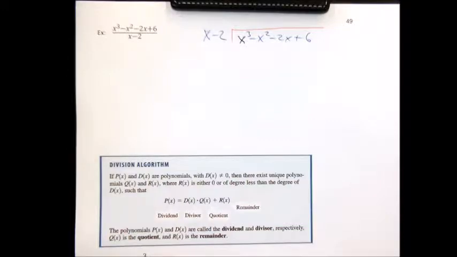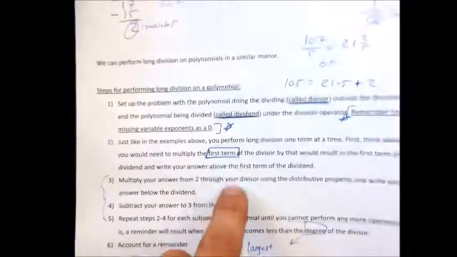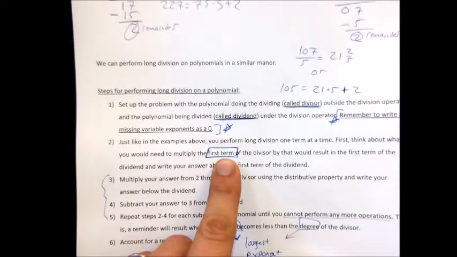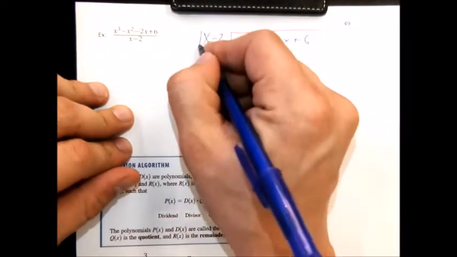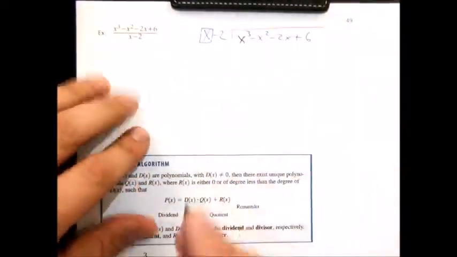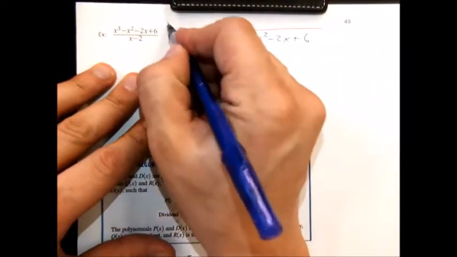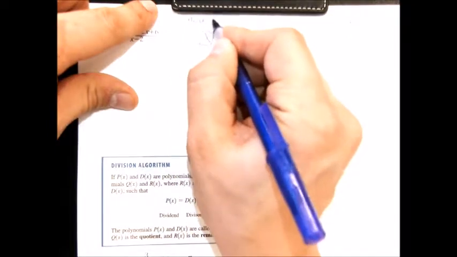But, like step 1 says on the previous page, step 2, we only think about the first term doing the dividing. So what I mean by that is we focus in on the x. And I'm going to write that down here. We just think about this term. Can you read that right there? Yeah.